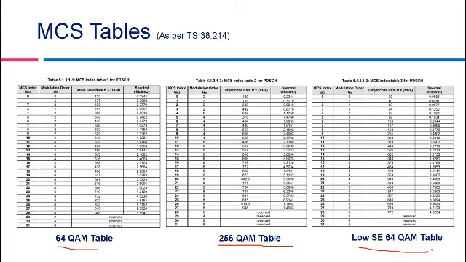We can also see that some of the modulations are shown as reserved, like 29, 30 and 31 in the first table and the third table. These are reserved for retransmission, whereas other MCS indexes can be used for normal data. In the next slide, we will discuss in what condition the eNodeB or UE will choose which modulation table.